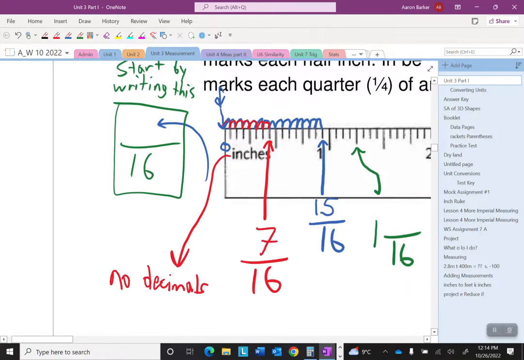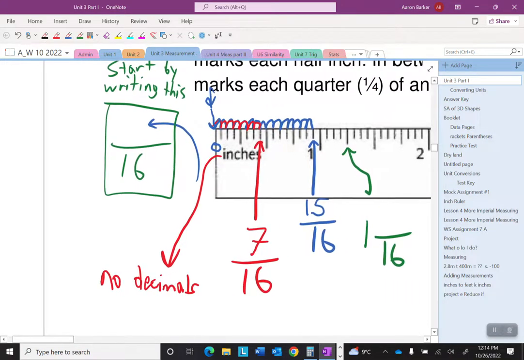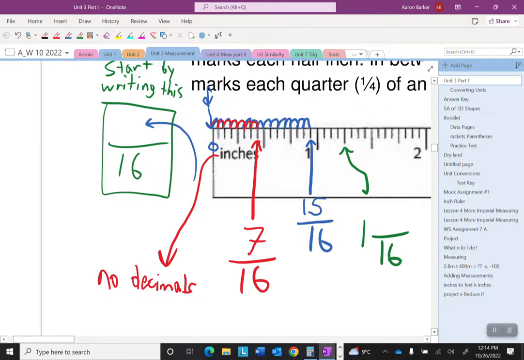Next one. Now the next one's a little tricky. Okay. So you're pointing to this longer line right after 1 whole inch. So this line, I passed 1 whole inch. That's why I have to write 1 whole inch in front of the fraction. So that's my whole number. 1 whole inch, 1 whole number.